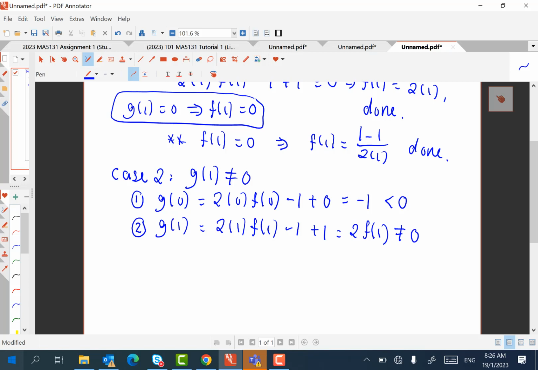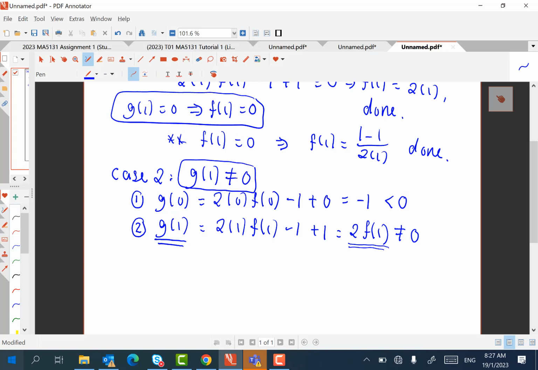Because we already said in this case that g1 is not 0. Wait, but then 2 of f1 is 0? No. Because case 2 is a case where g1 is not 0. We have computed g1 and it ended up with this line. So what makes you think that f1 is 0? What makes you think, Aditi, that f1 was 0?